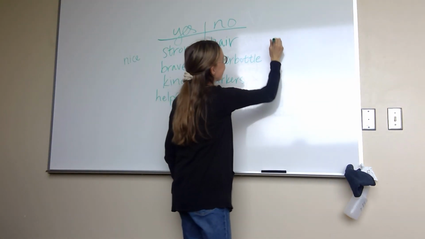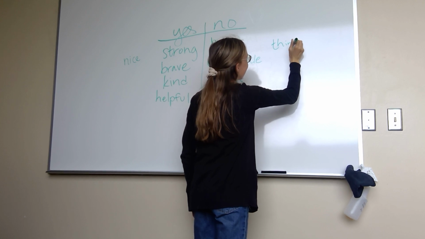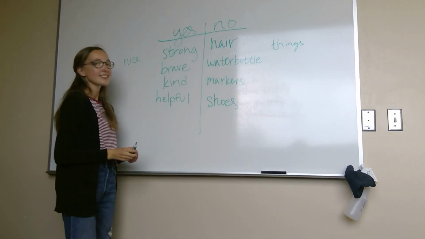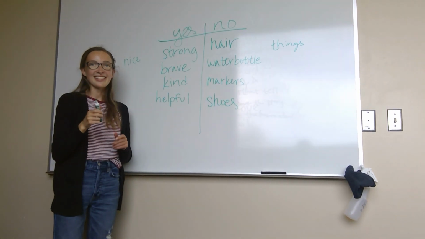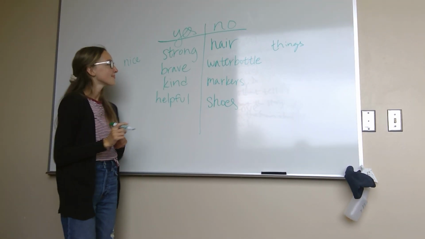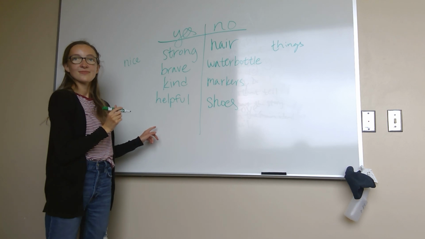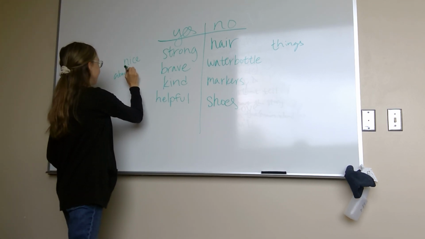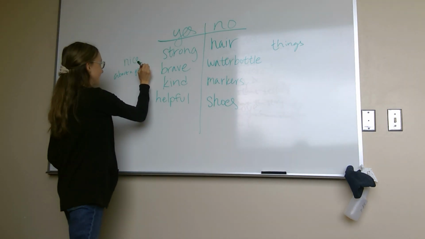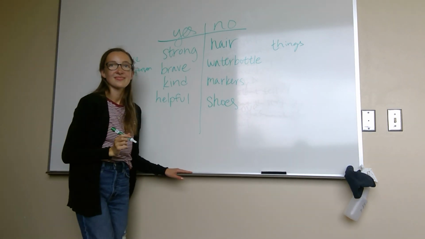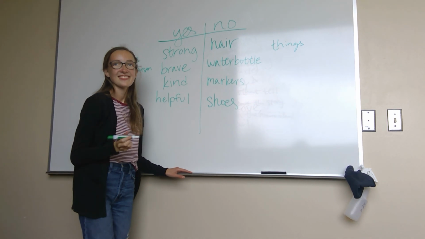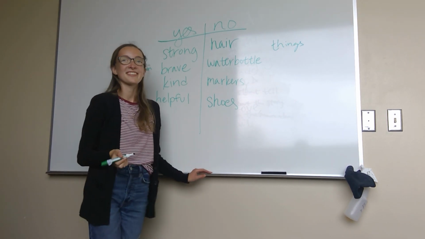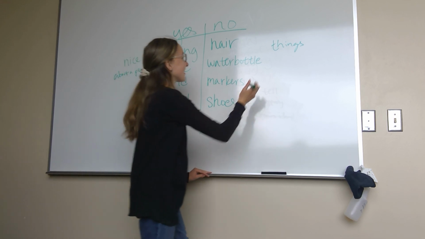Okay, does anyone else have any other thoughts? Yeah. One's about a person, something that a person can be. The other ones are just things. Okay, so just a little bit random.